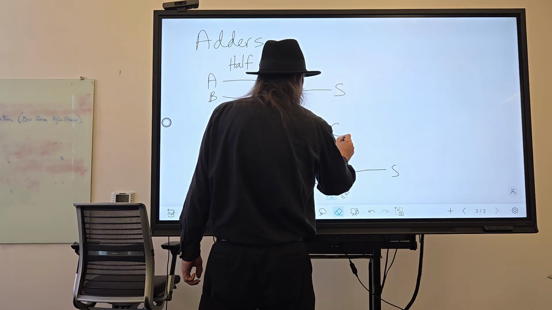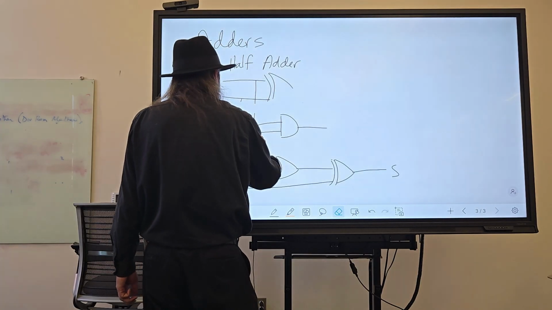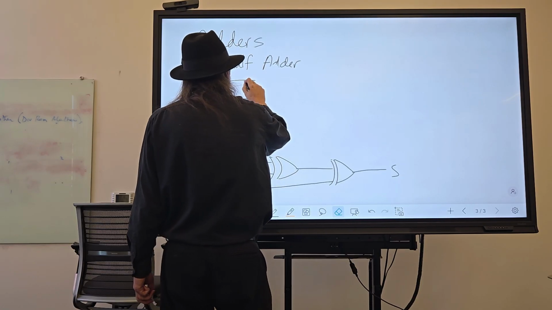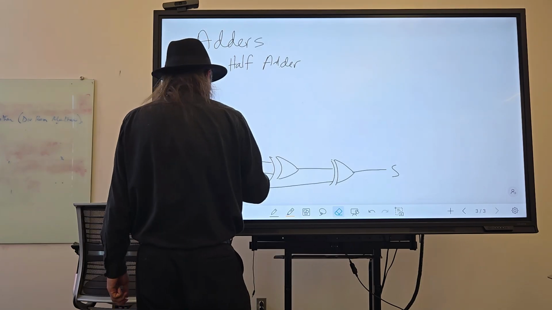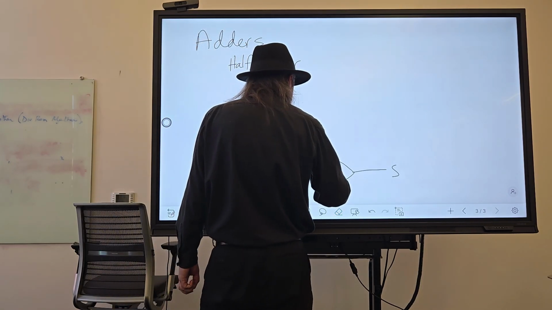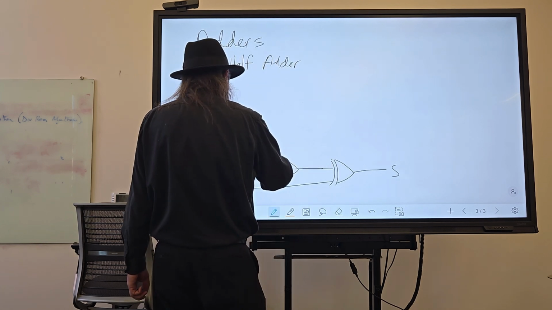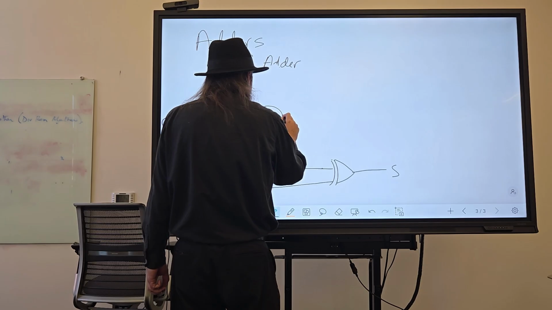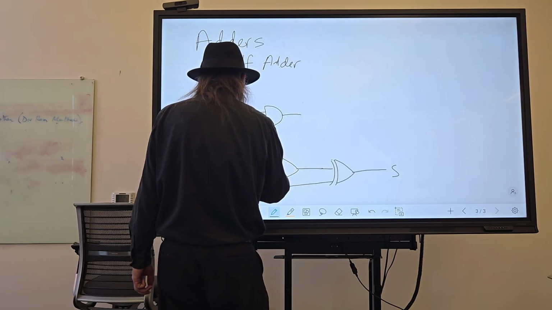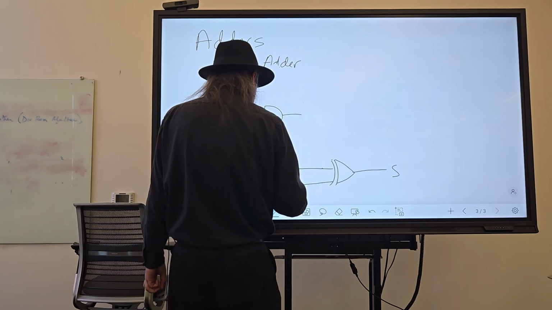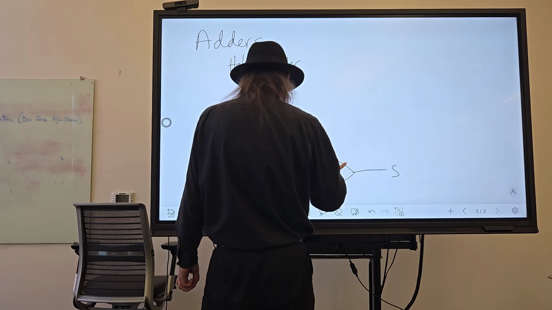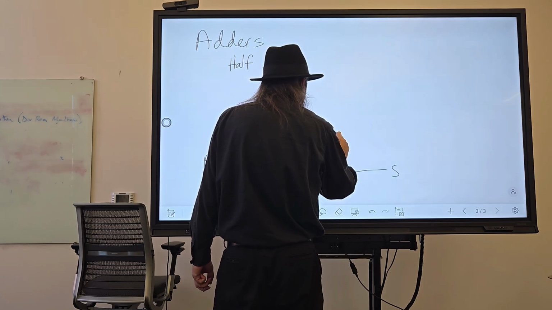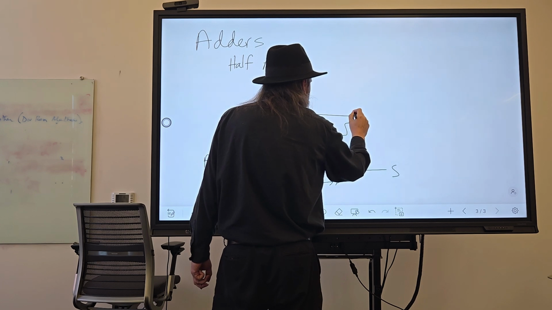And then let me get rid of this. The output for the carry is A and B ANDed together, and the carry and first sum ANDed together, and then these two ORed together.